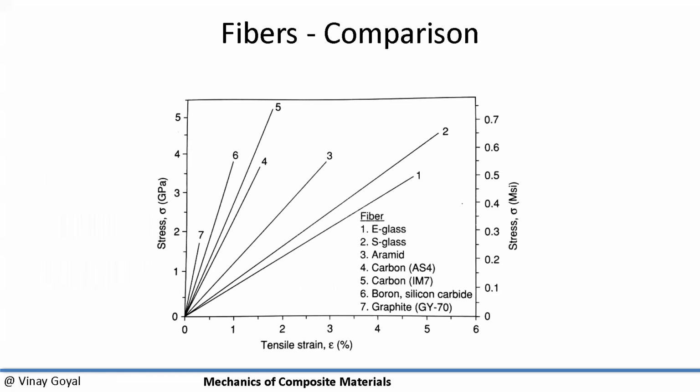And here I like this plot because it shows a comparison of the different systems. I want you to focus on a very popular one, which is the AS4, which is number 4 here. That's used in a lot of research labs around the country. Very nice strength, very nice stiffness. When you go to the IM7, which is a high class composite used in aerospace application, very high strength.